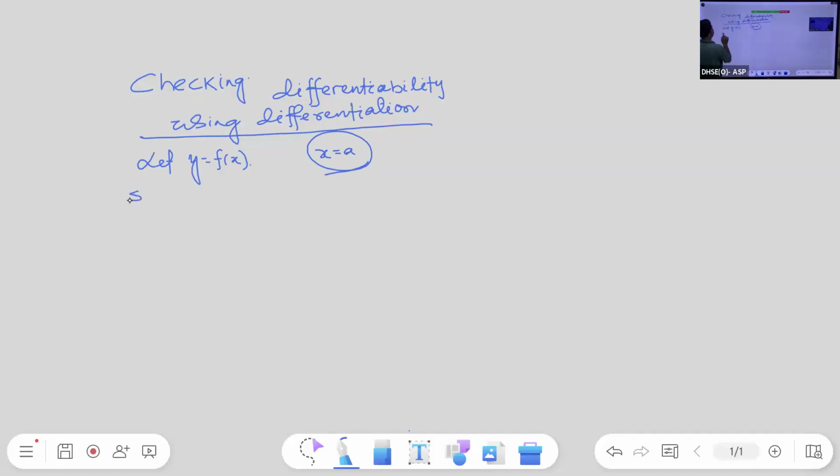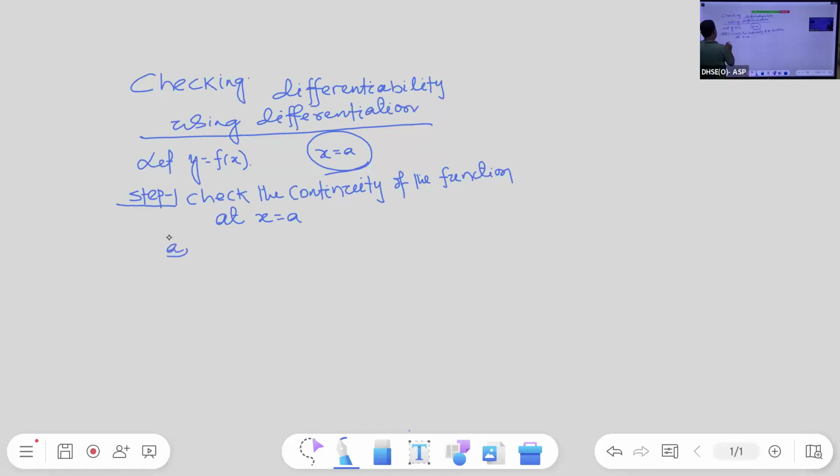Step 1: check the continuity of the function at x is equal to a.